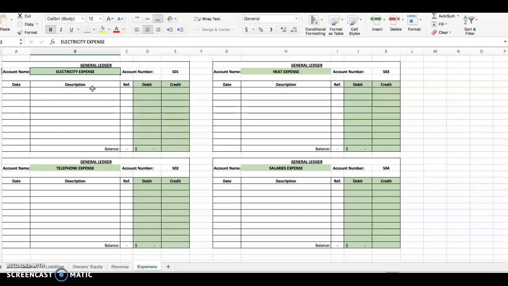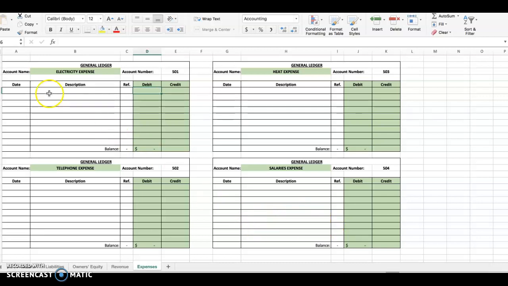It's called electricity expense. So if we paid that and it was $80, that would show a debit balance of $80. Okay? Debits increase expense accounts. Telephone expense works the same way. Debit balance, heat expense, salaries expense. All expenses have debit balances.